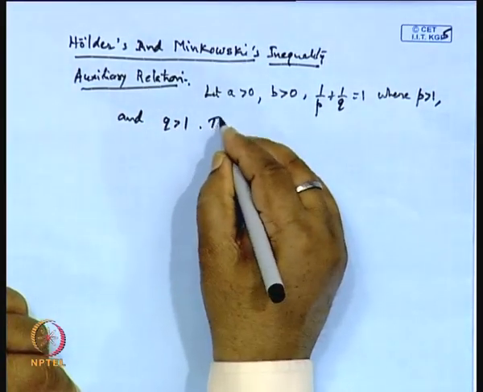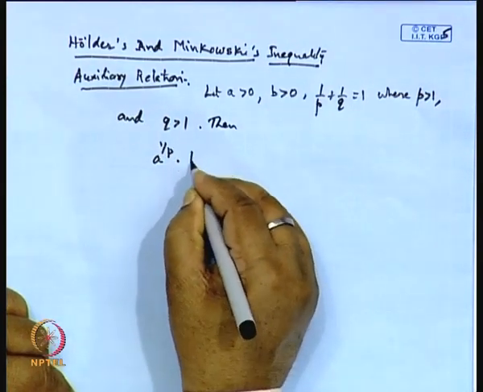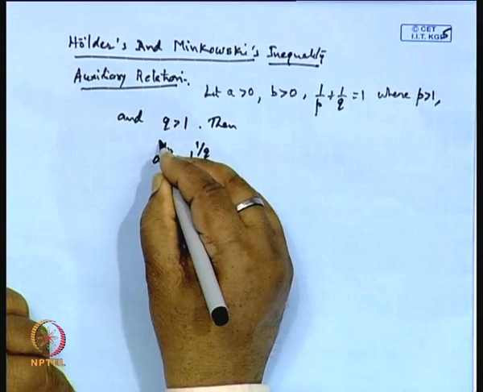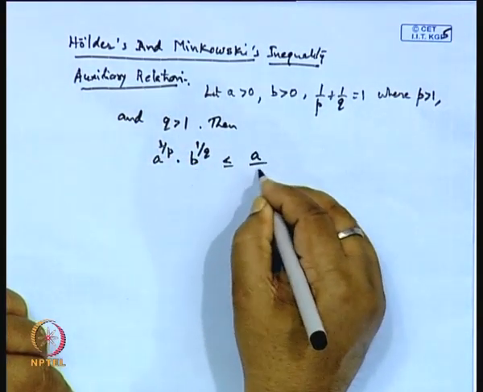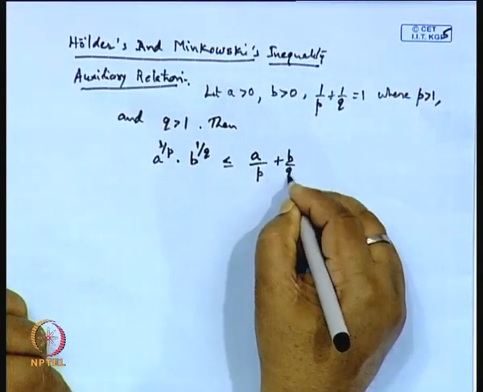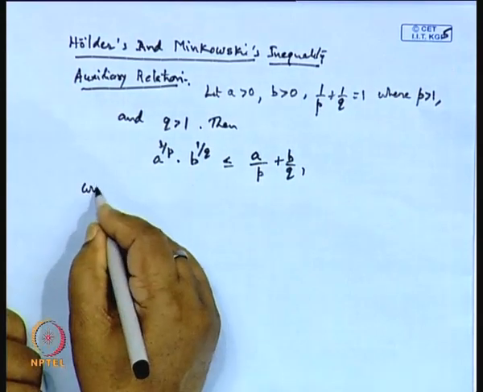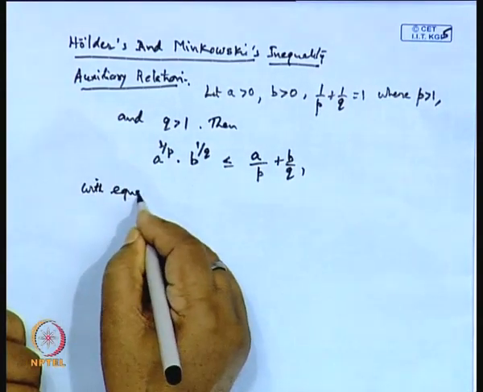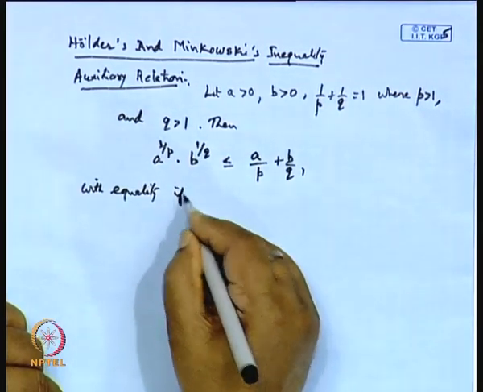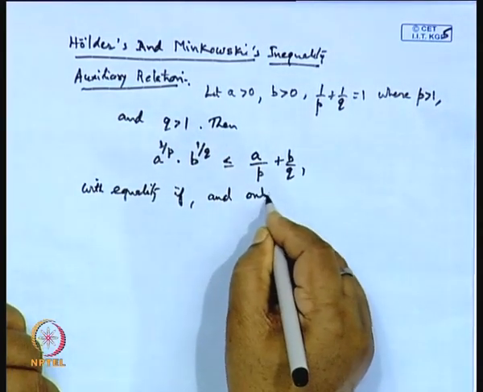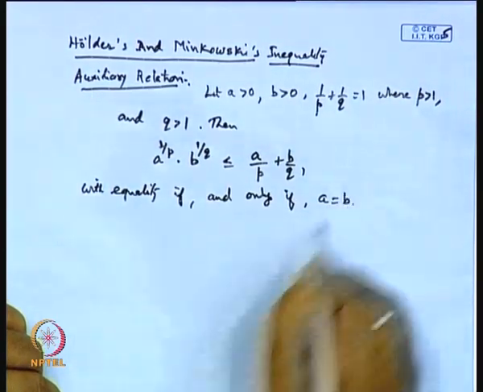Then A^(1/P) times B^(1/Q) is always less than or equal to A/P plus B/Q, with equality if and only if A is equal to B.